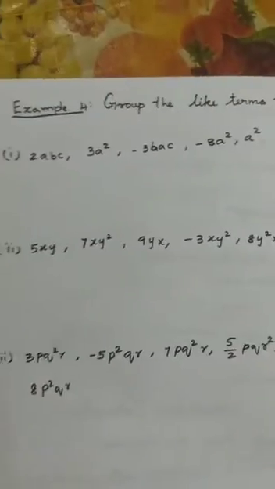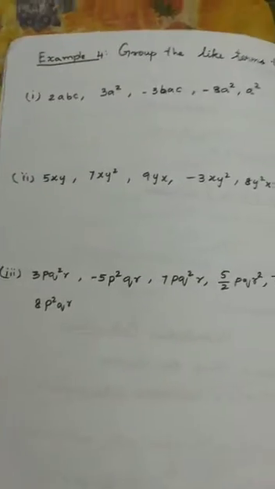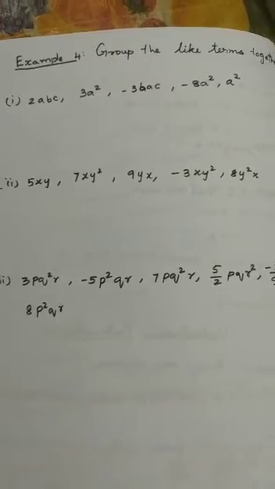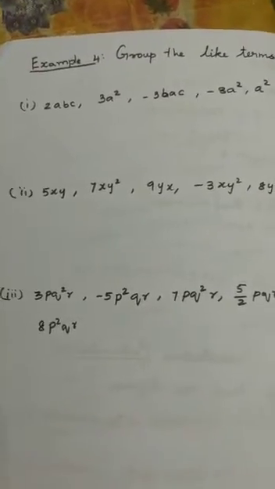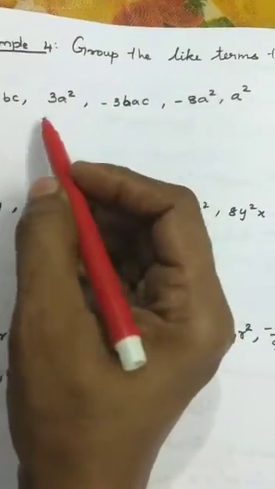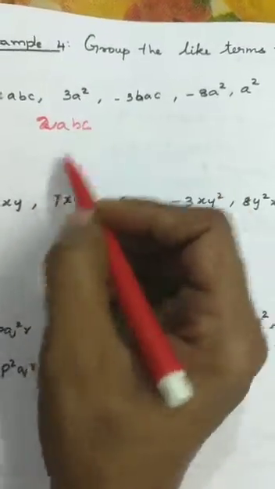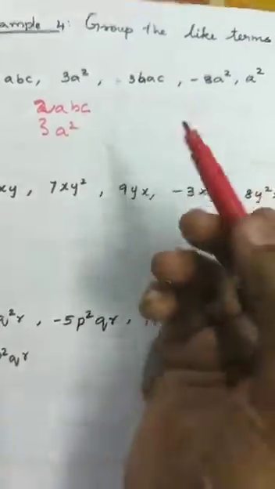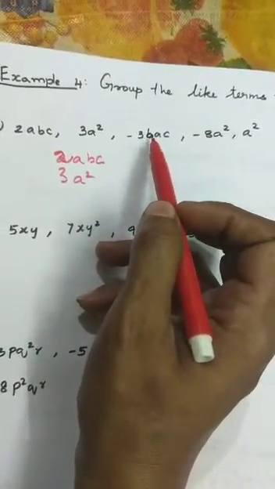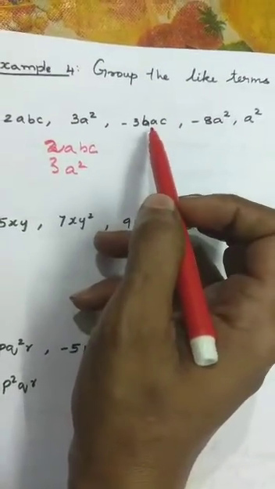Okay, the fourth example, we have to group the like terms together. Like terms means the variables must be same. Here see here 2abc, here 3a square, 2abc, here 3a square. See here, any ABC here? Here one ABC. ABC or BAC, both are same, no? It is in multiplication.